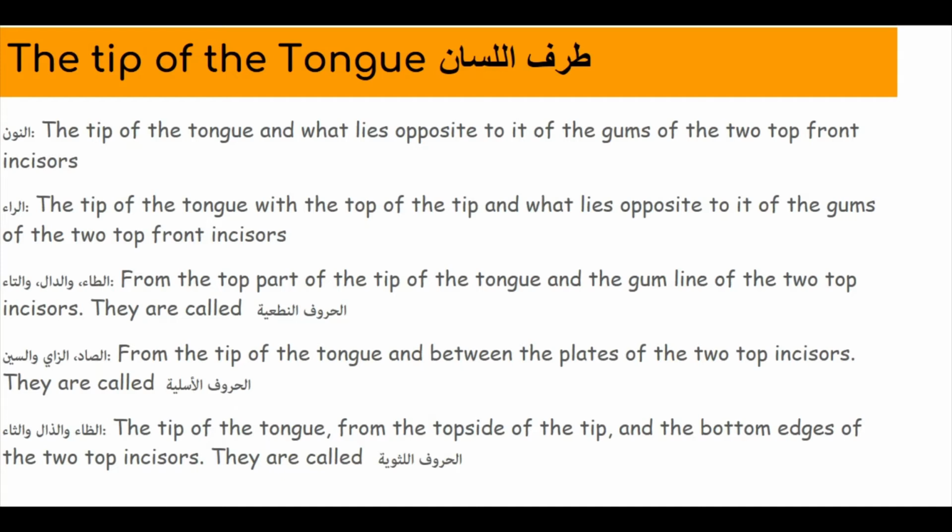Ar-ra, this is also one of the letters that is difficult to pronounce, because it is being pronounced from the tip of the tongue with the top of the tip, close to the articulation point of nun.